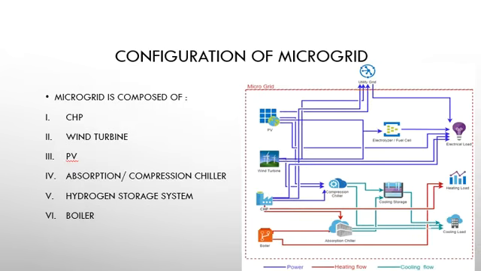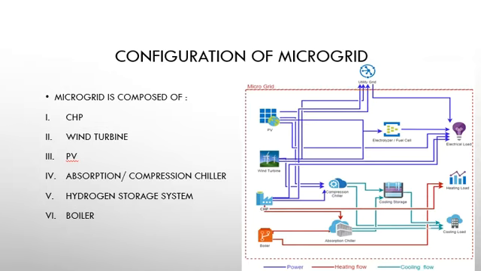A microgrid is a small network of electricity users with a local source of supply that is usually attached to a centralized utility grid, but is able to function independently.